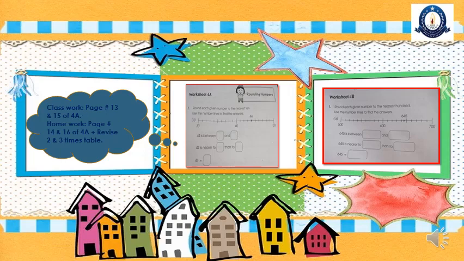So 44 is between 40 and 50. Is 44 close to 40 or 50? You can see it is close to 40. So 44 is nearer to 40 than to 50.